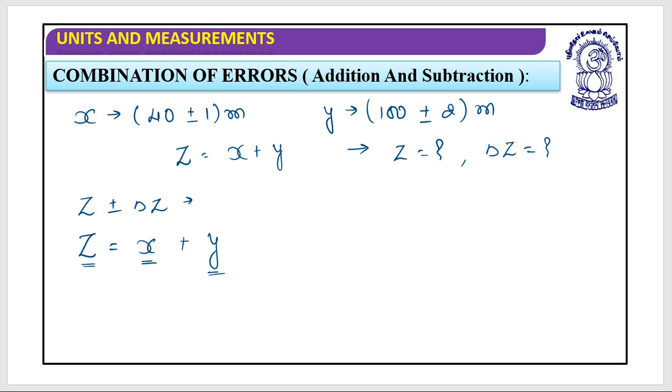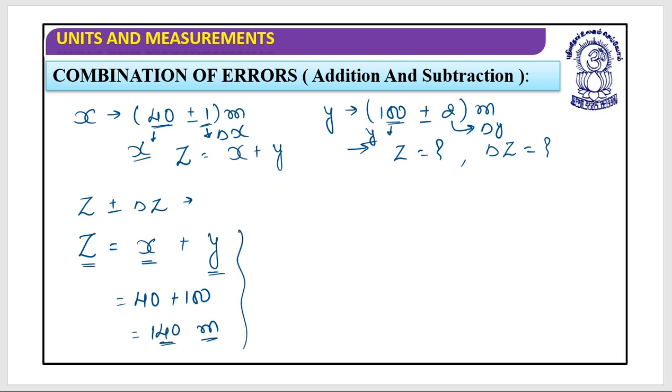What is the true value of x? Let's find it out. This is 40, this is x, and this is plus or minus delta x. This is the true value of y, and this is the error in y, delta y. Now x plus y is 40 plus 100, which is 140 meter.